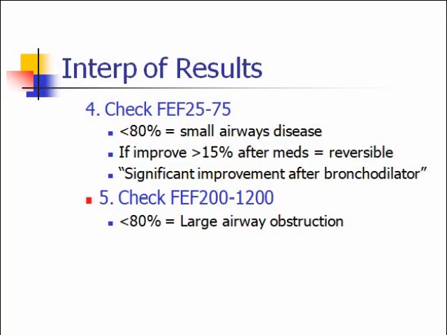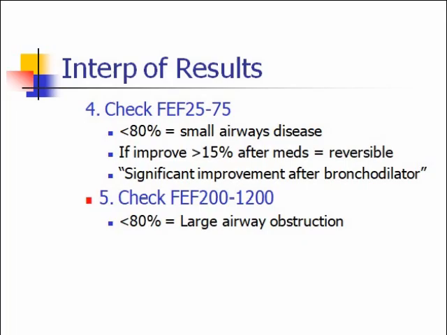If it is, then you can say it's a reversible small airways disease. Now, terminology that we usually use with the bronchodilator response is a significant improvement after bronchodilator. Anything 15% or greater is considered a significant improvement.